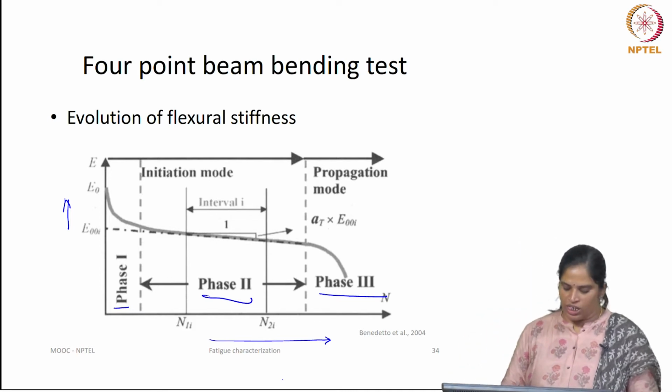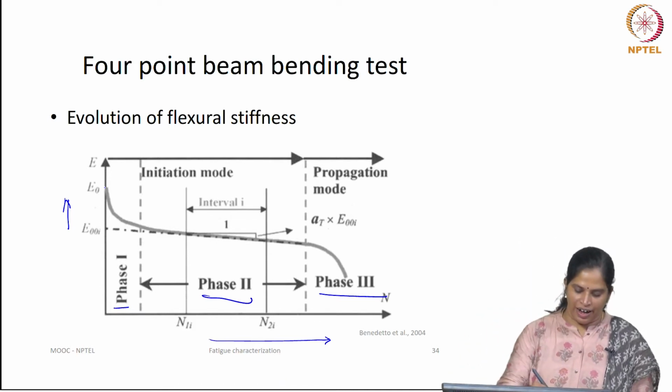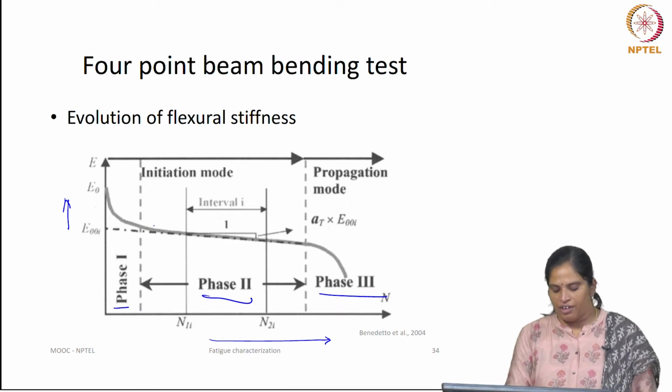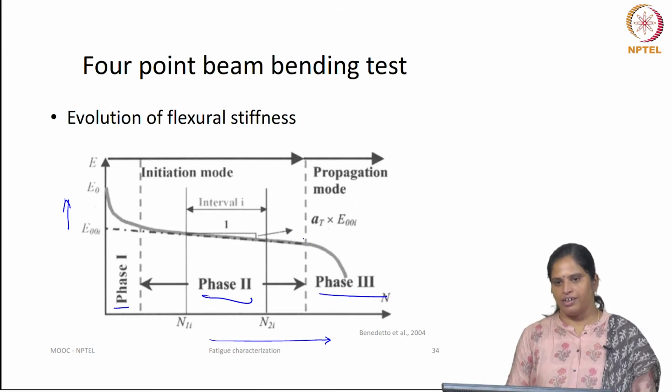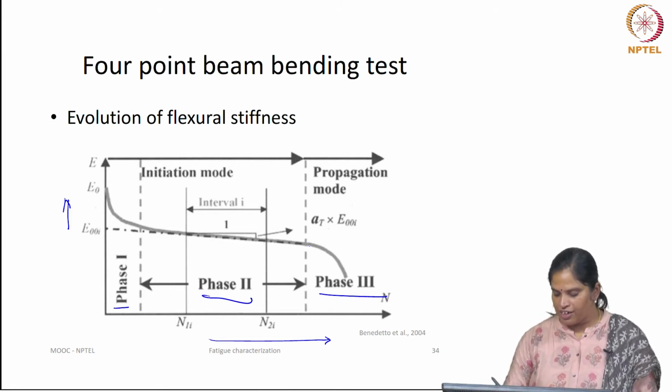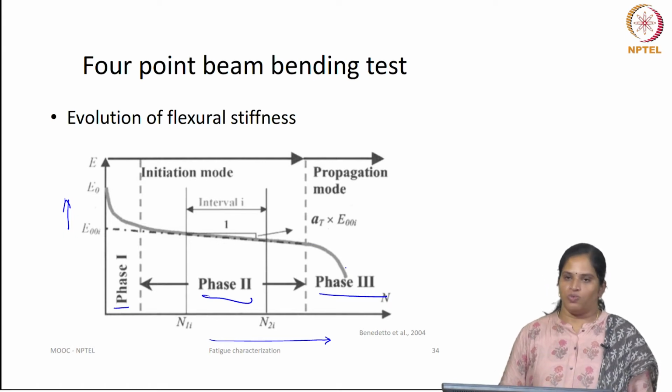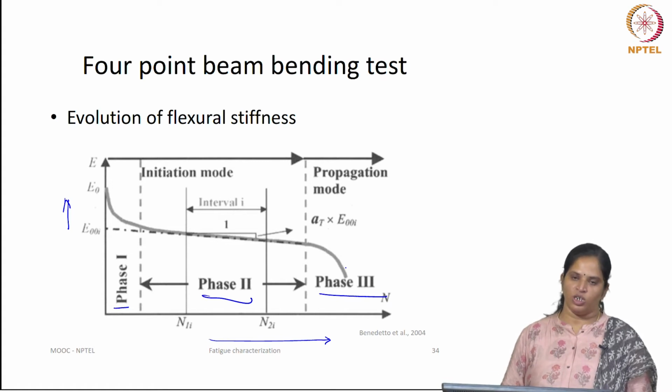In the initial phase there is a drastic decrease in the flexural stiffness, in the second phase the decrease is uniform and gradual, and in the third phase the flexural stiffness again decreases. We expect a decrease in flexural stiffness as damage accumulates.